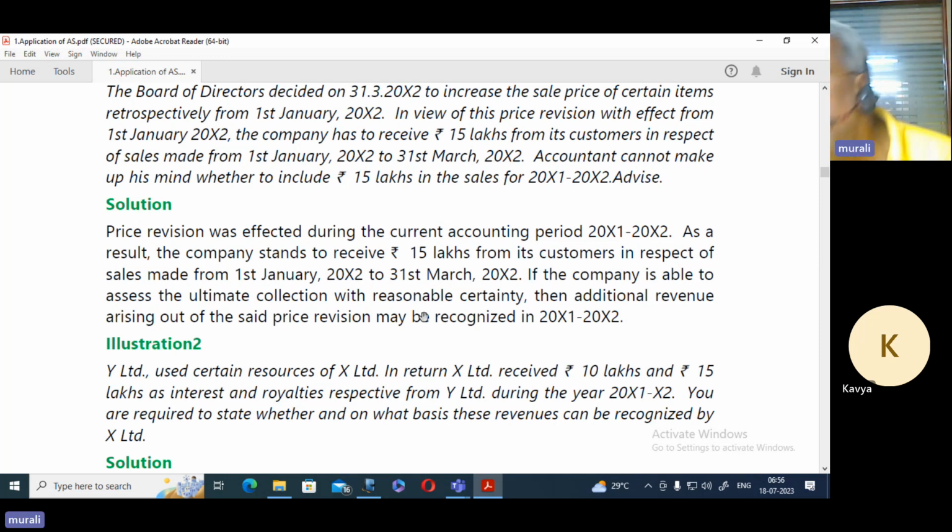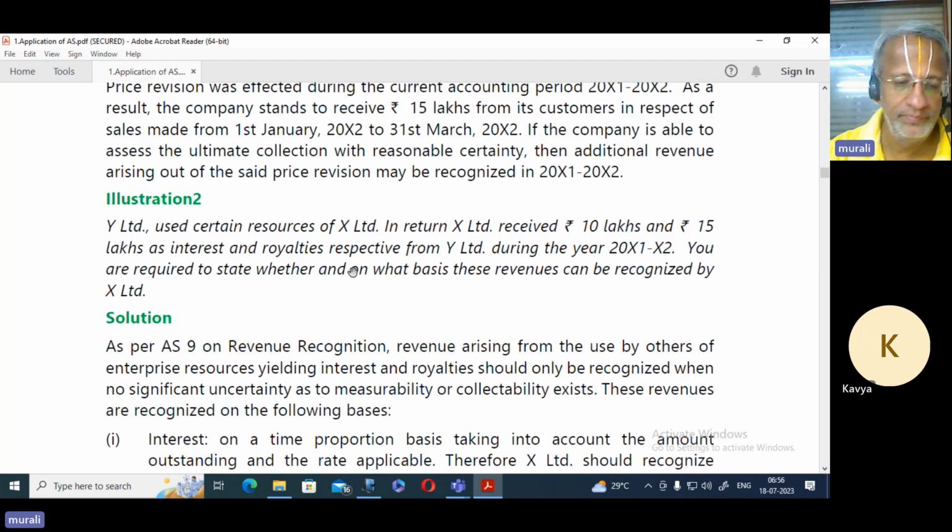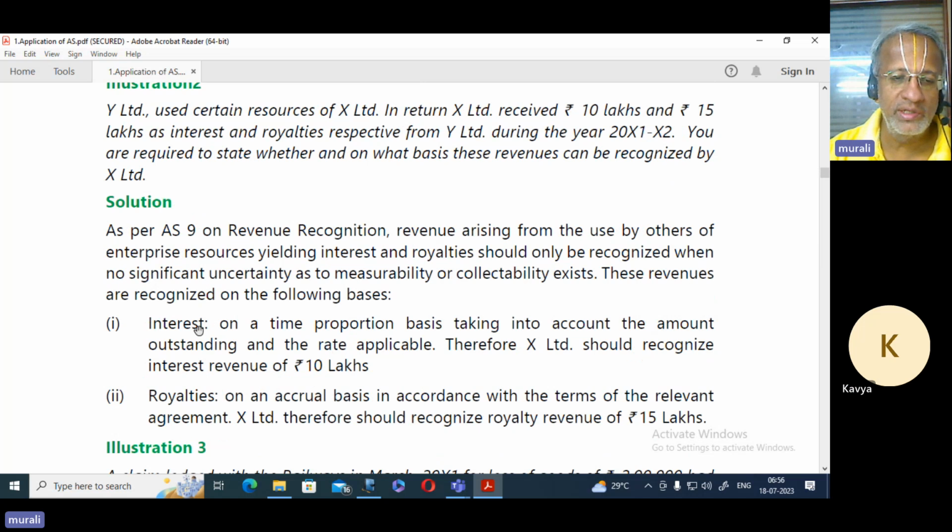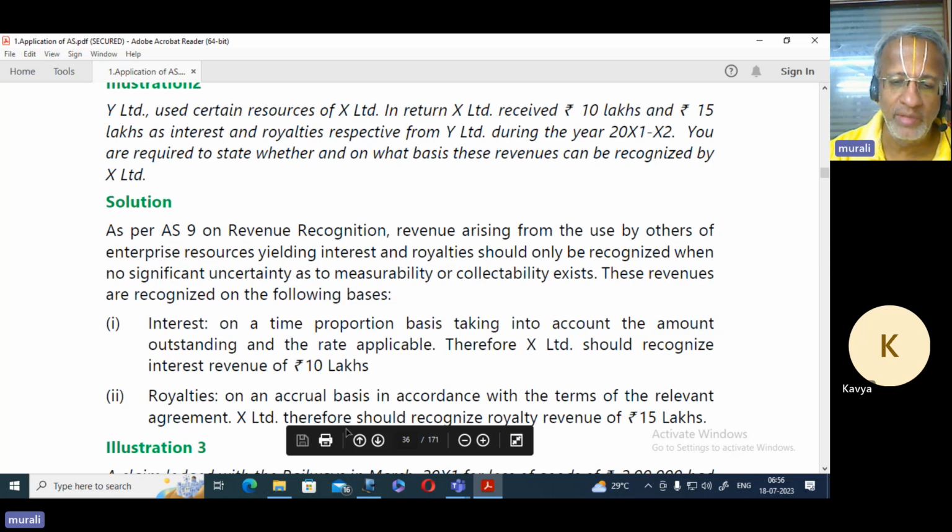Can you tell what are the bases on which interest and royalties have got to be taken up? Interest is taken up on the basis of time, and royalty will be based on the agreement, based on the basis given in the agreement. So interest on time proportion basis, royalties on accrual in terms of the relevant agreement.